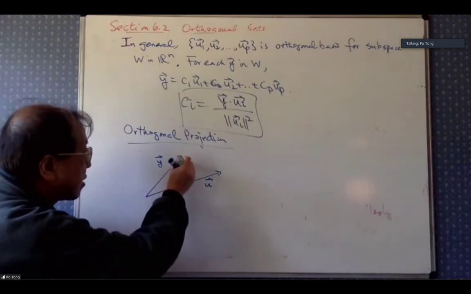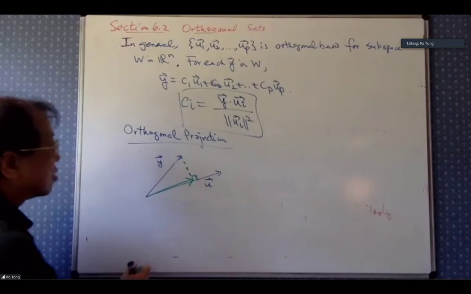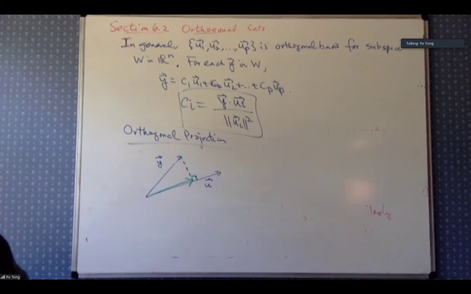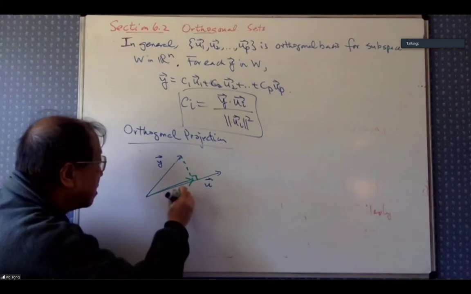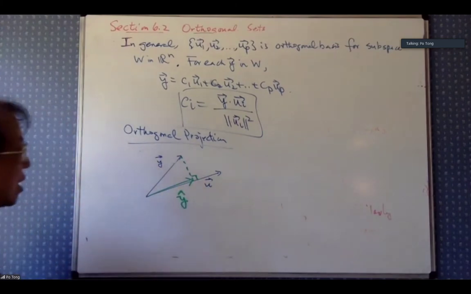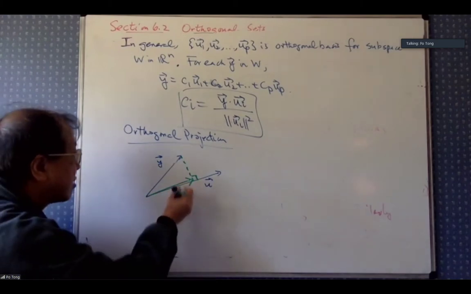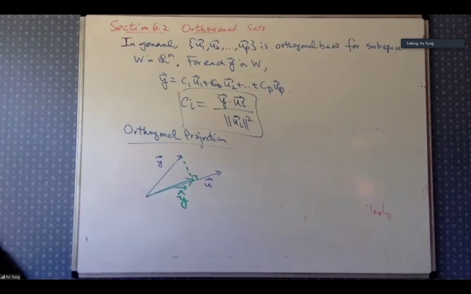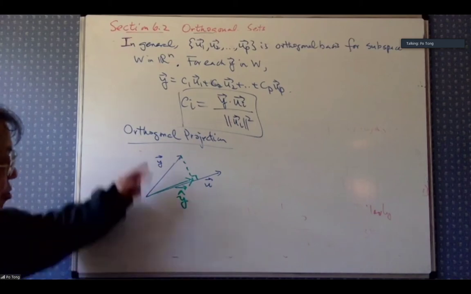Drop a perpendicular line here, and this one will be your projection, and that projection usually is called y hat. Because it's a vector, I have to write it with two layers there, to emphasize it's a vector. So this is called the projection.